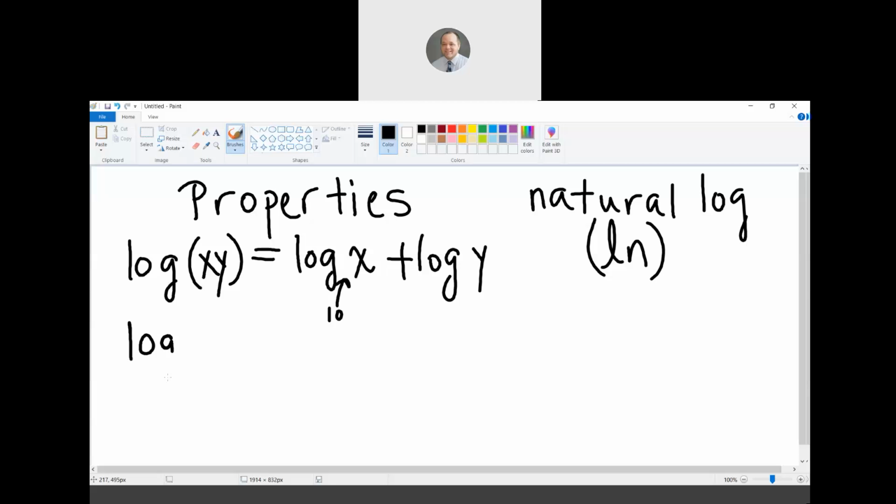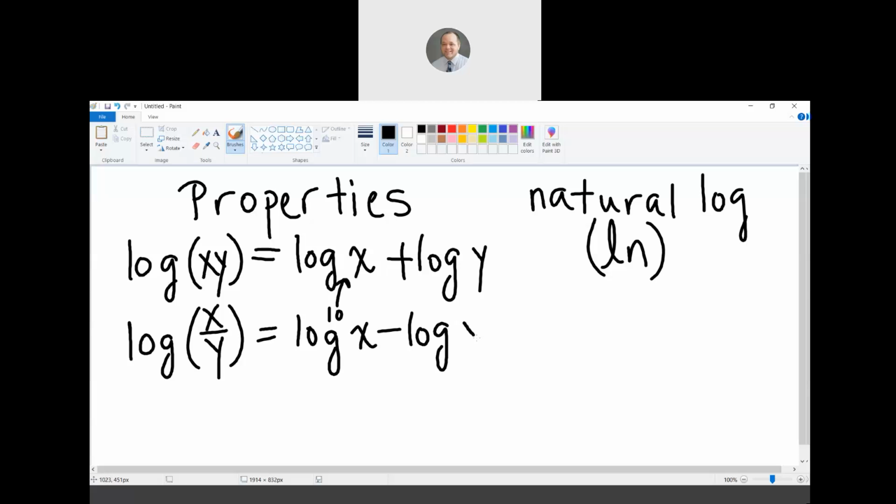Next up, if you have a quotient, then you can expand that as subtraction. So log of x over y is the same thing as log of x minus log of y.